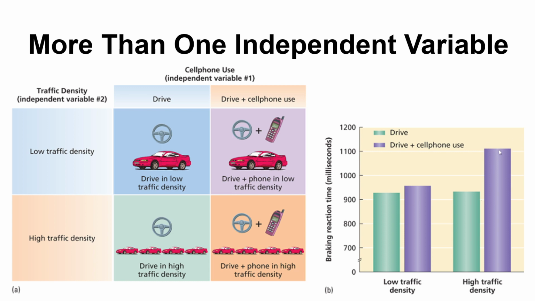However, this last bar here, for people who are driving and using their cell phones in high density traffic, they're going to show a significant increase in the amount of time it takes them to brake in response to something in the road. So using their cell phone is very detrimental, but only in high traffic density conditions.